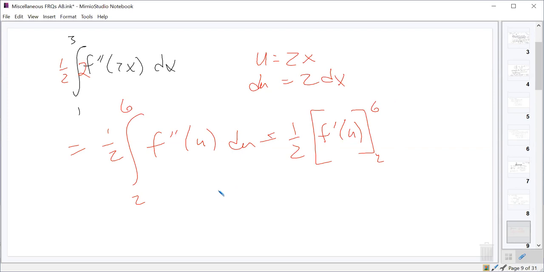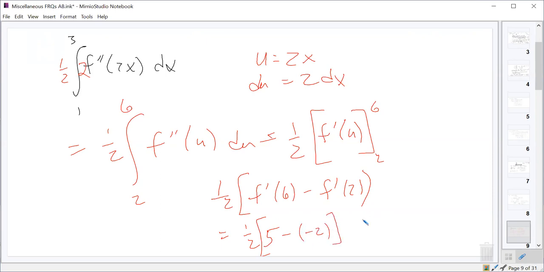Good? 1/2 of f prime of 6 minus f prime of 2, which is 1/2 of, what's f prime of 6? And what's f prime of 2? Looks like we end up with a positive 7/2. Good or no? Wonderful. Any questions on that?